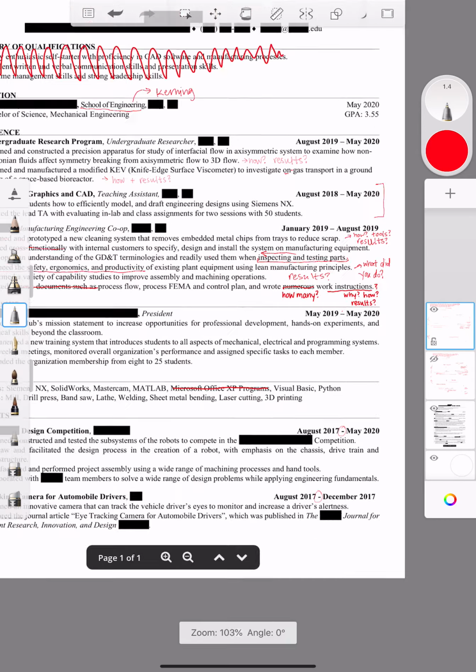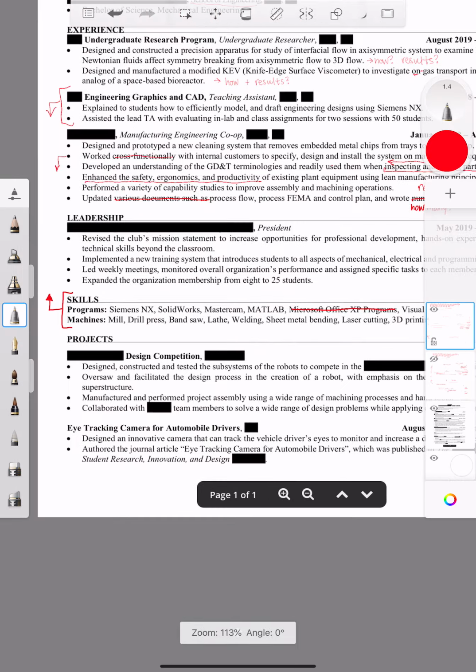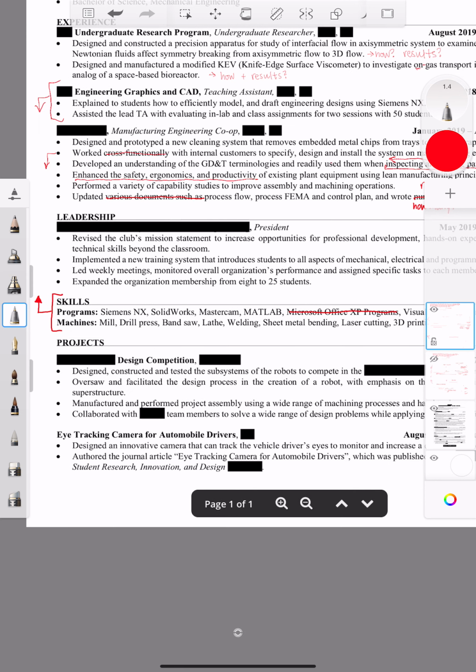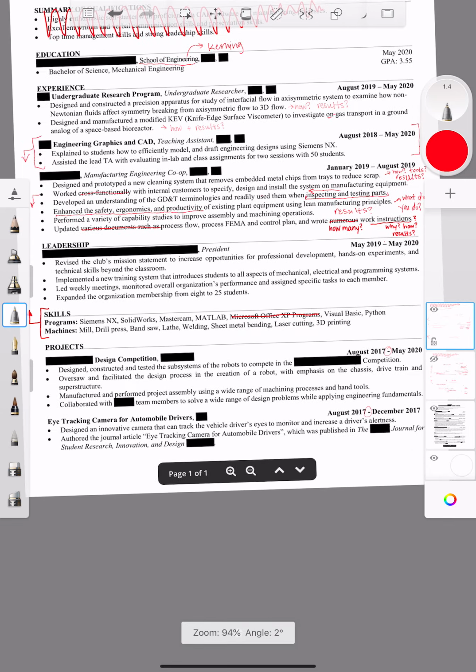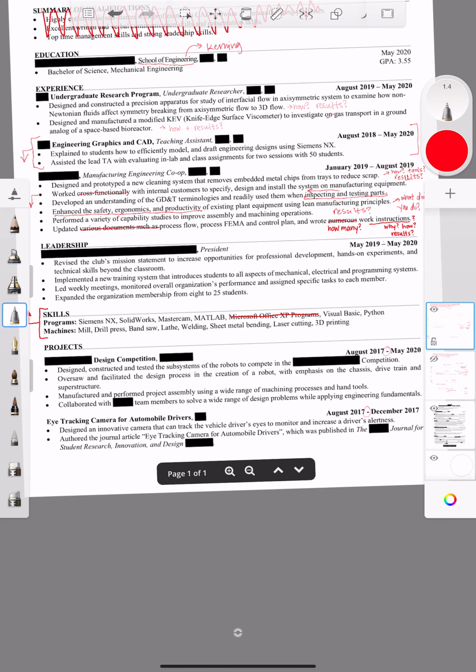Okay, moving on, leadership. So this leadership section is basically, this person is a president of a club, I'm guessing at their university. In general, I would move this down as well, because this isn't what this person is going to want to do for a living and try to get hired.